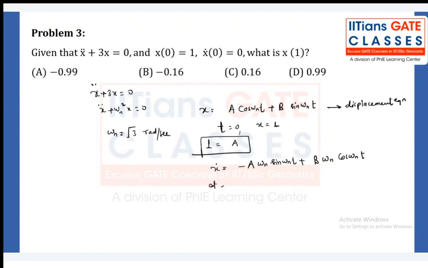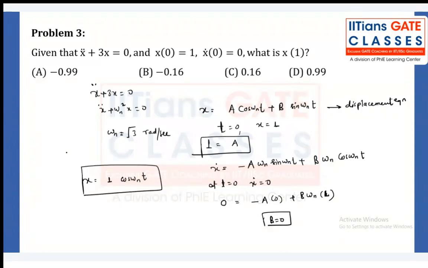If you put time t equal to 0, the velocity will be 0. Put that value, b will be 0. So what is the final equation you are getting? x is equal to 1 cos omega n t. They are asking, my dear friend, when the time t equal to 1 second, what is the value of x?